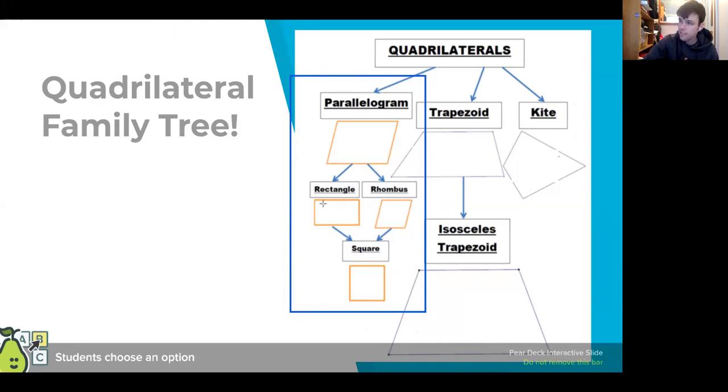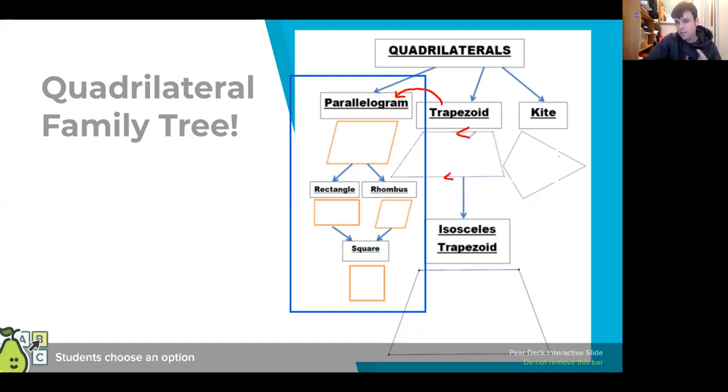They don't fit in this category, at least by most definitions. There are some questionable links in here. Some definitions of trapezoids allow parallelograms to actually be a type of trapezoid, because we have parallel sides here.